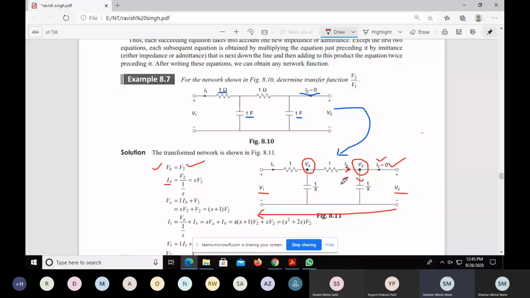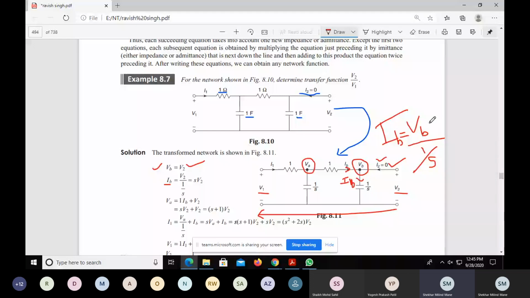Now in case of nodal analysis, we can say the current flowing through this, IB, is nothing but VB upon 1 by S. Because IB is the same current flowing through this branch, that is, flowing through this capacitor.